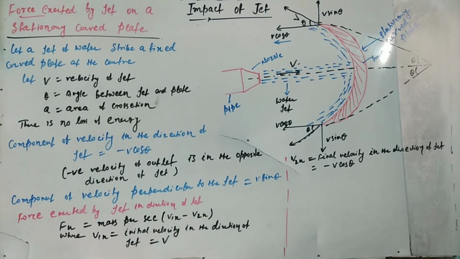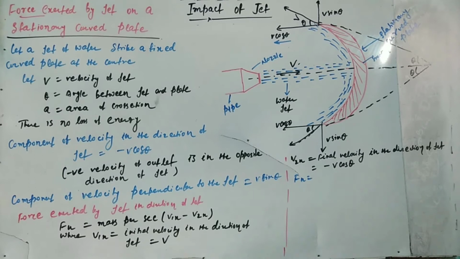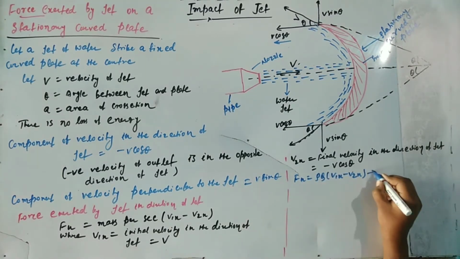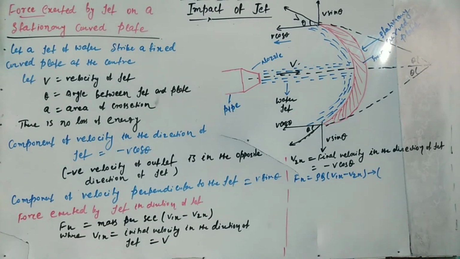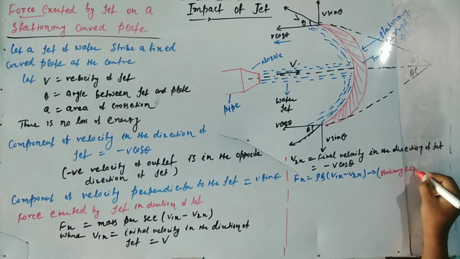Now we find the force exerted by the jet on a stationary curved plate. So Fx equals rho Q into (v1x minus v2x).